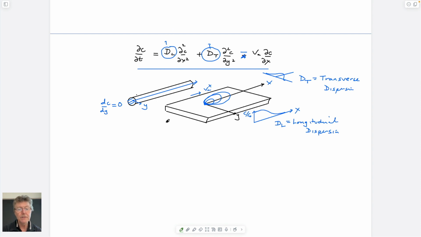And if we look at the individual terms which make this up, then this whole thing on the right is mass in minus mass out, equals accumulation, mass accumulation.